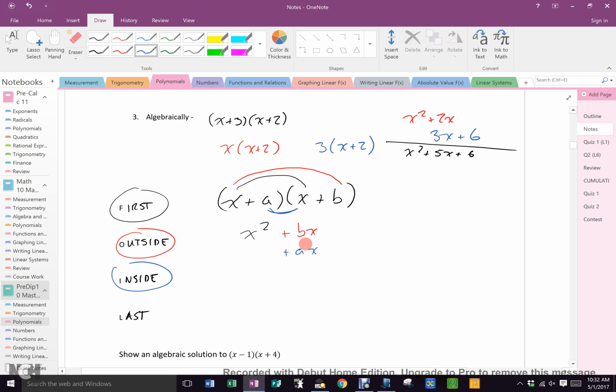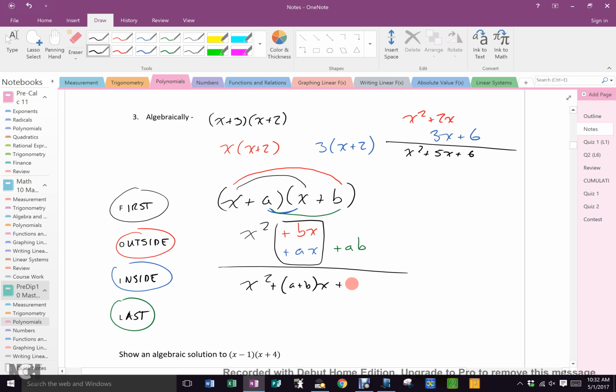I put the x's together and I start a second row. You'll see why this is useful in a minute. And last, I'll do in green, the last 2 plus ab. When you set it up this way, you know your like terms are already together, and you can just put them there. x squared plus a plus b x plus a times b.